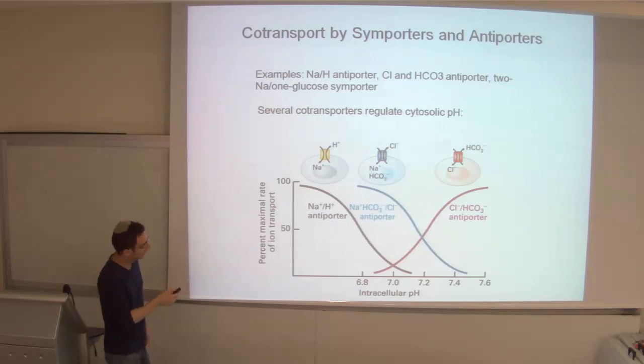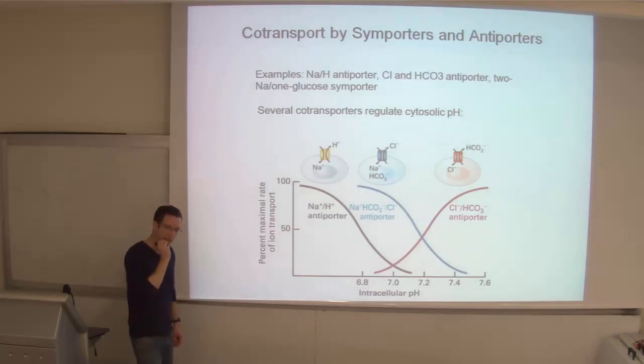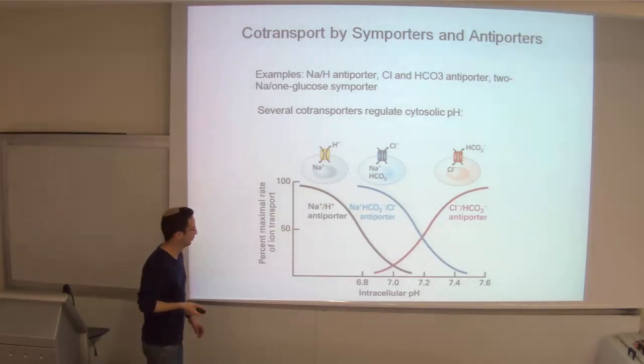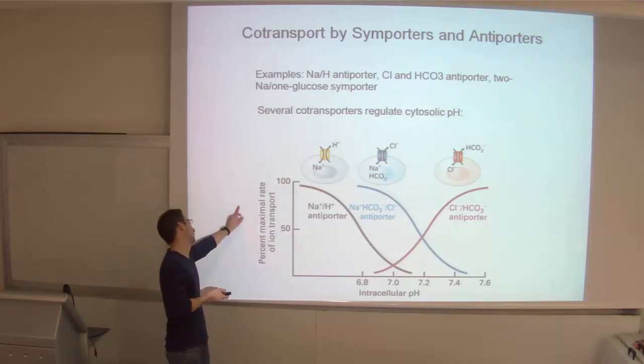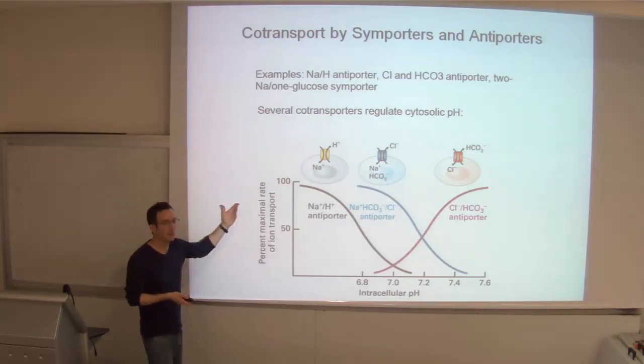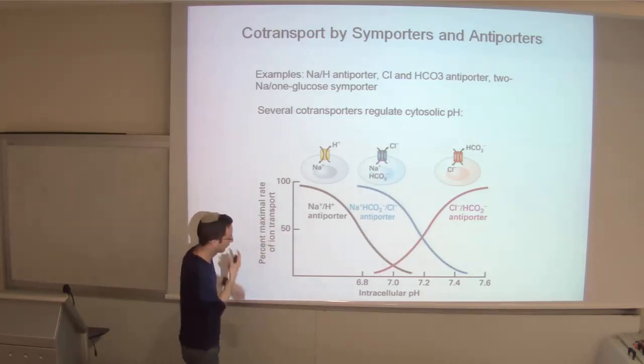And let's see, I think, an elegant example of several co-transporters that are involved in regulating cytosolic pH, how acidic the cytosol would be. So we are looking at the percent maximal rate of ion transport, or just how effective the protein is, or how functional it is.